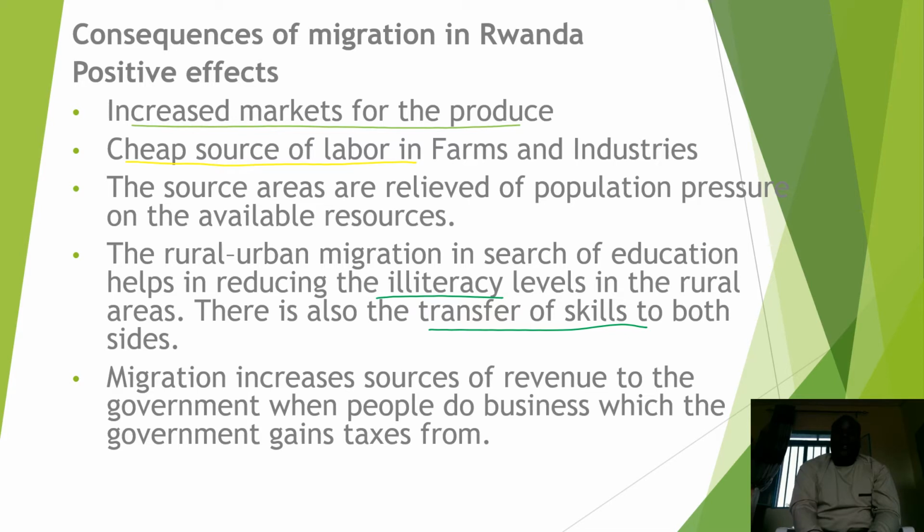And again, for example, if the migration was caused by search for better schools in cities, illiteracy will also be eliminated. Next, we have migration increases sources of revenue to the government, because when people migrate, for example, for business from rural areas to urban centers, they reach there, they do business, they pay taxes, and the government earns revenue.